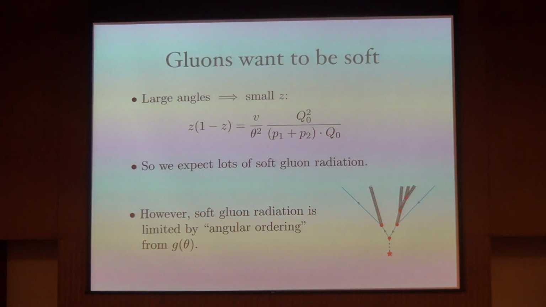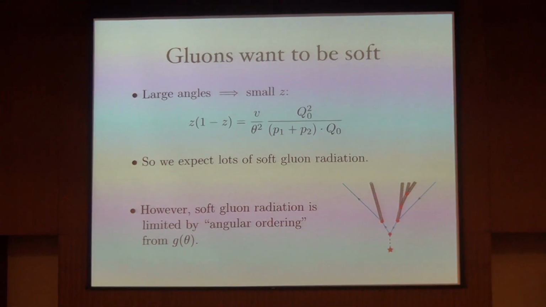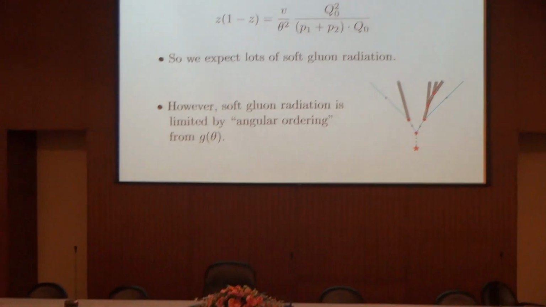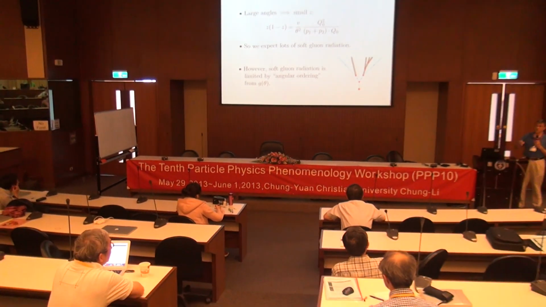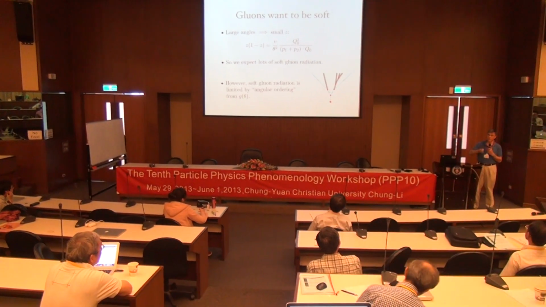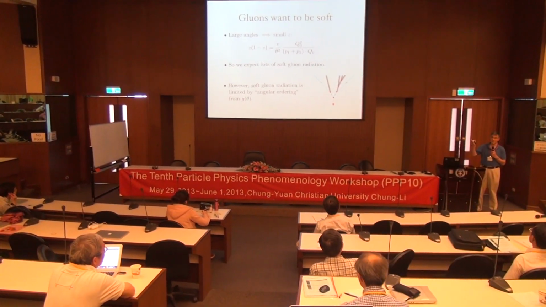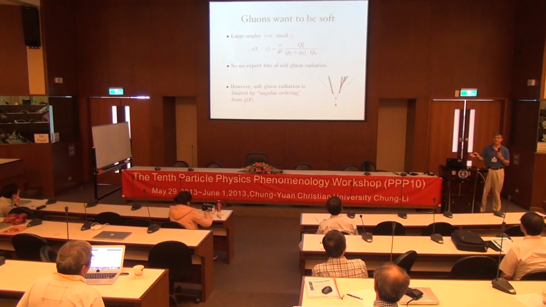So we expect to have lots of small momentum fraction gluons emitted, lots of soft gluons, and they're emitted then at wide angles, up to some kind of limit. z is small, and when z is close to 1, also has the same. Yes, so z is small means gluon number 1 was soft. 1 minus z is small means gluon number 2 was soft. Either one could be soft.